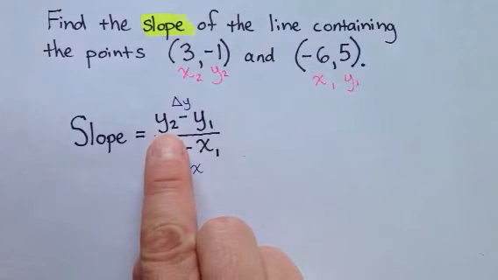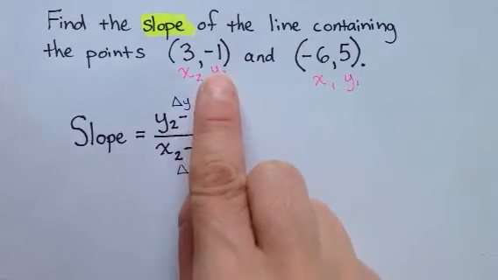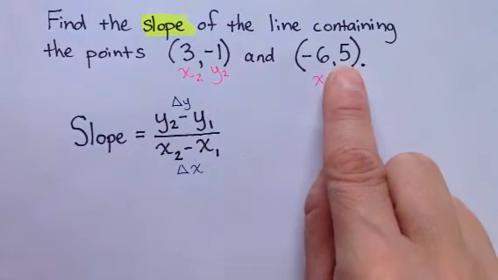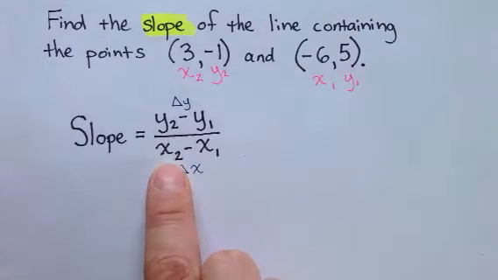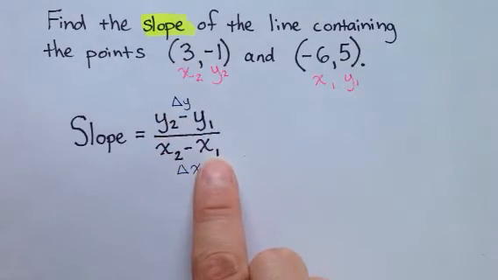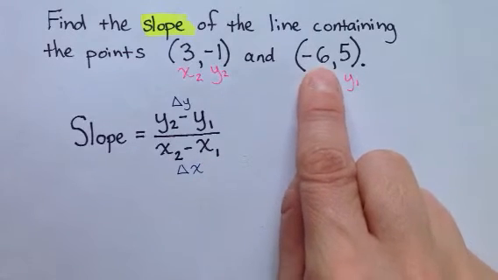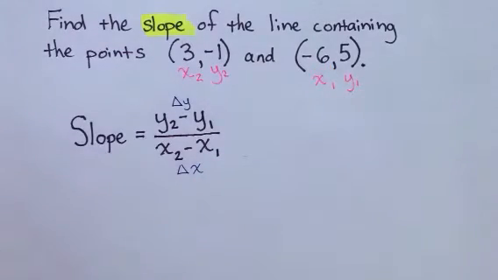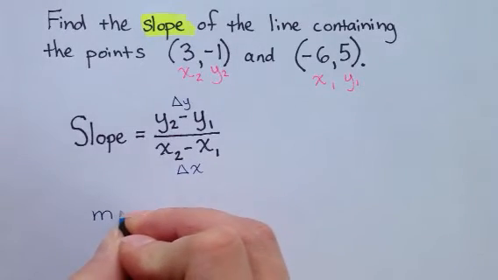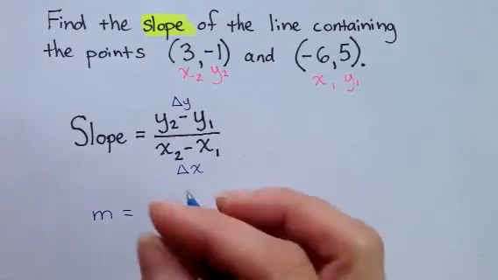Okay, so here we go. We're going to substitute into this formula: y2, we're going to substitute -1; y1, we're going to substitute y from this point, 5; x2, that's from this first point here, 3; and x1 right here from my second point, -6. Now, remember, slope is often given the variable m.